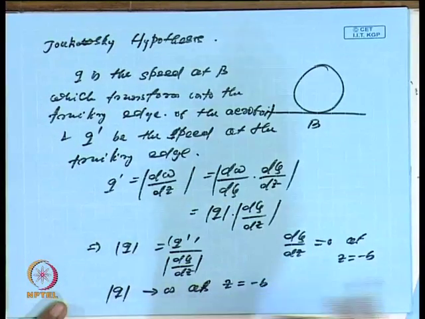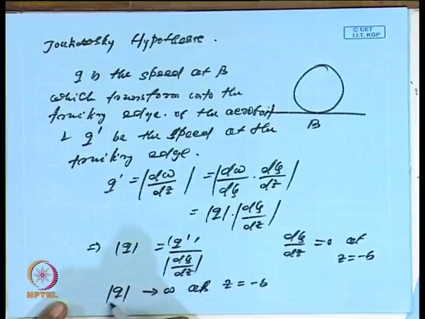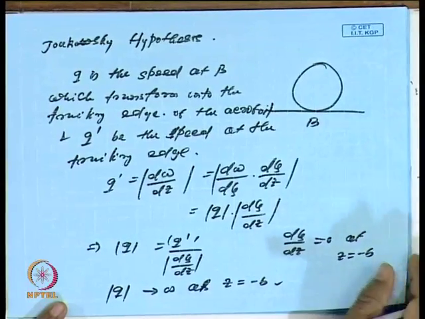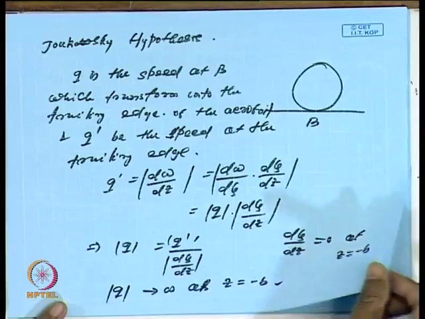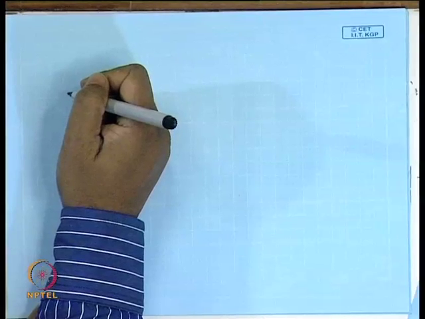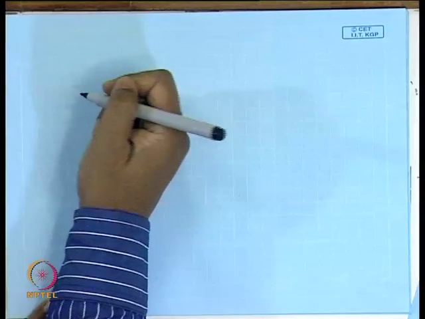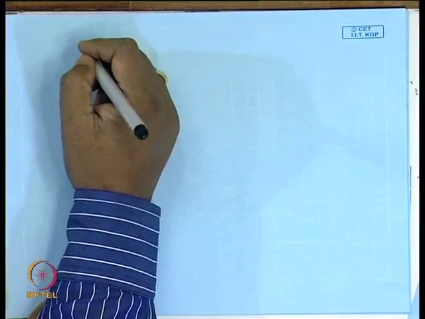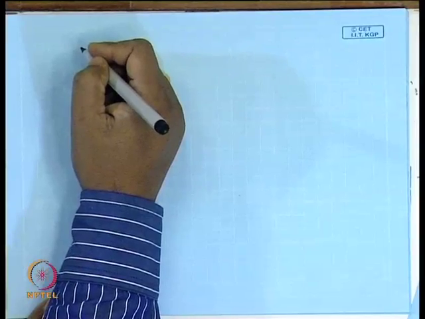So this is important. The corresponding point, because the point z is equal to minus b will correspond to the trailing edge, so the speed will be infinite there.